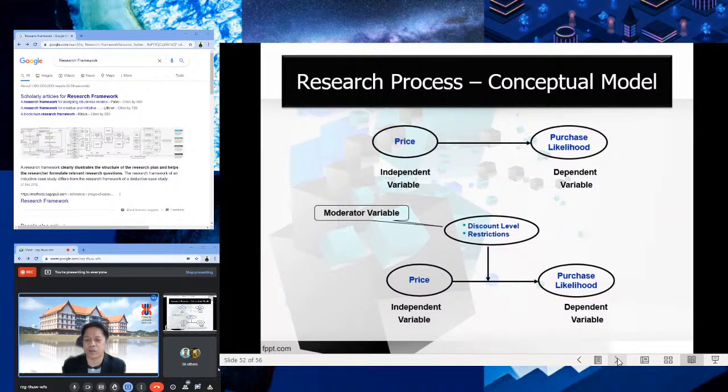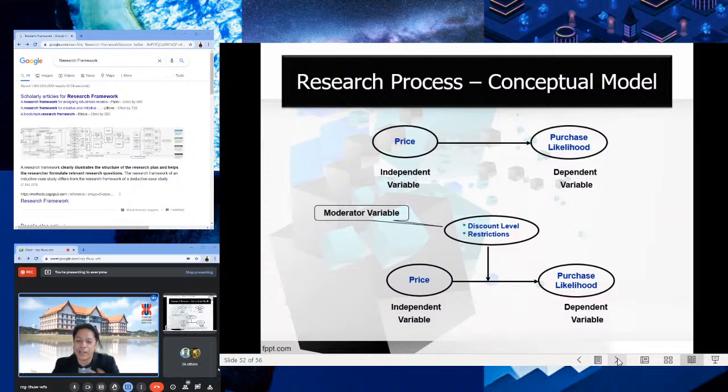From the conceptual model, we can see clearly what the components of the independent variable are, what the components of the dependent variable are, and also the components of the moderator variable. A model is like when we develop a new car: it's fully designed, but the model is at small scale.